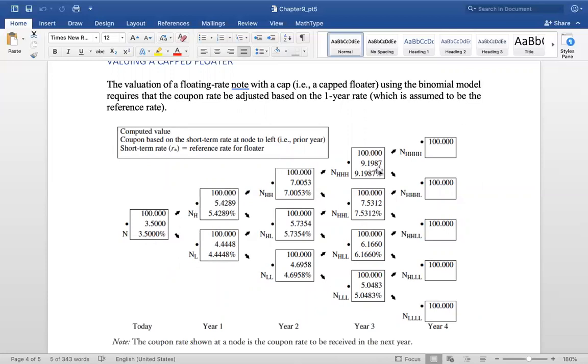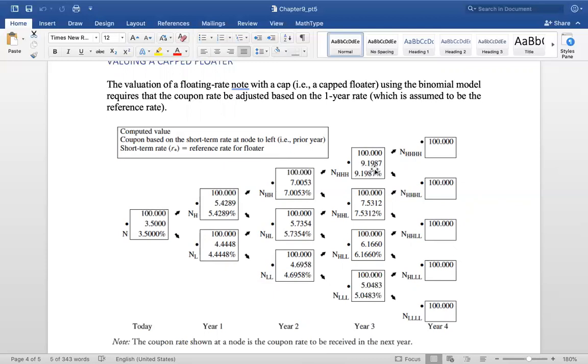And so how did we calculate 100 here? It is 100 plus the coupon payment, which will be this 9.1987, discounted back at this interest rate.